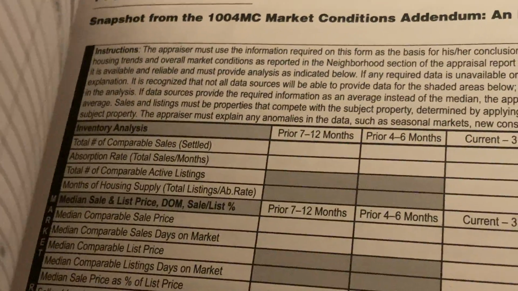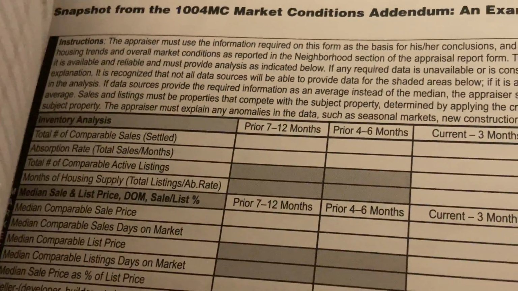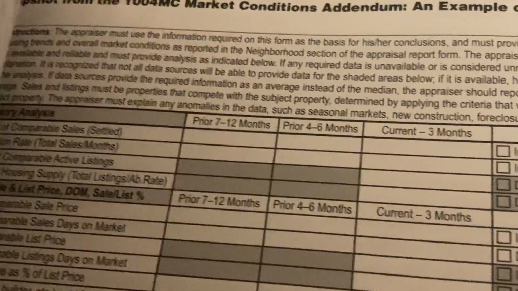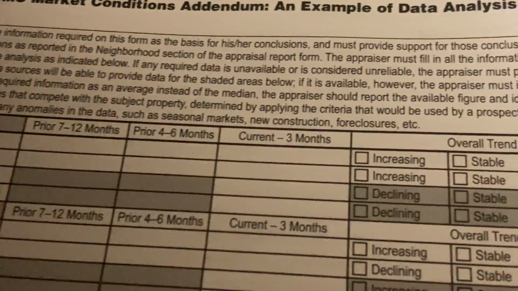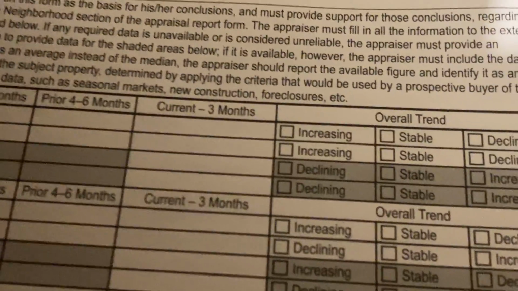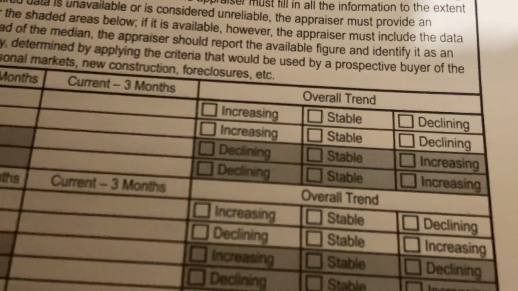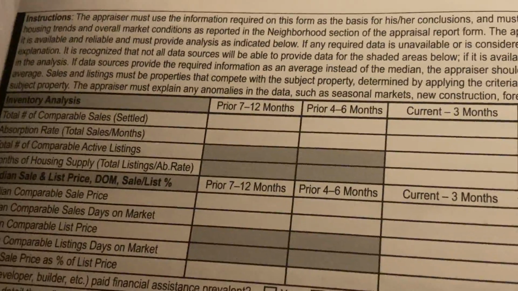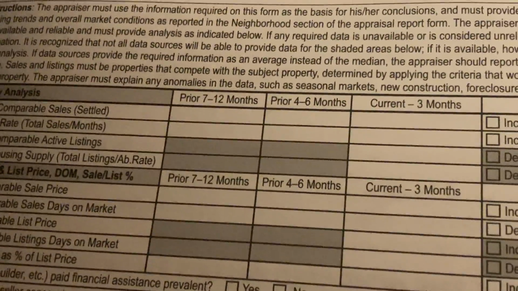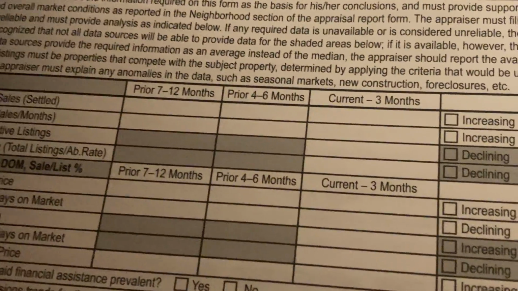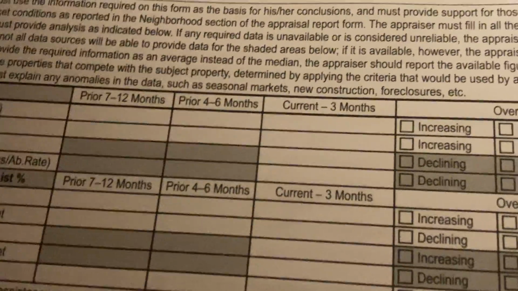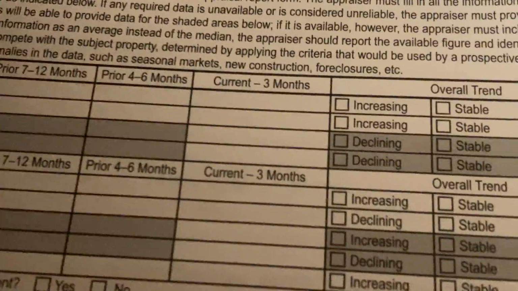Sales and listings must be properties that compete with the subject property, determined by applying the criteria that would be used by a prospective buyer of the subject property. The appraiser must explain any anomalies in the data, such as seasonal markets, new construction, foreclosures, etc.